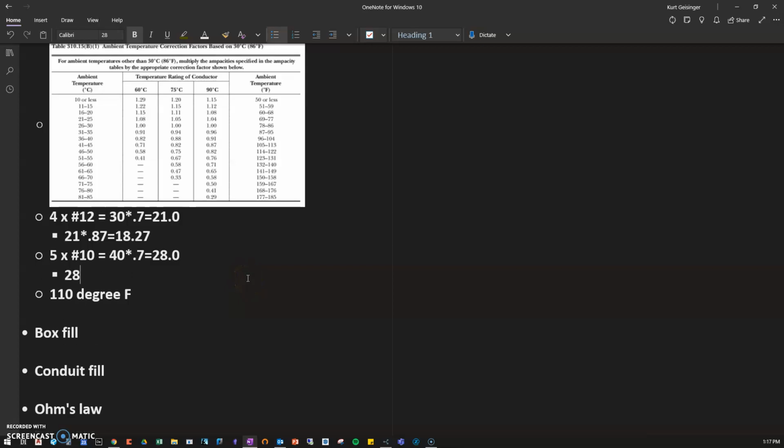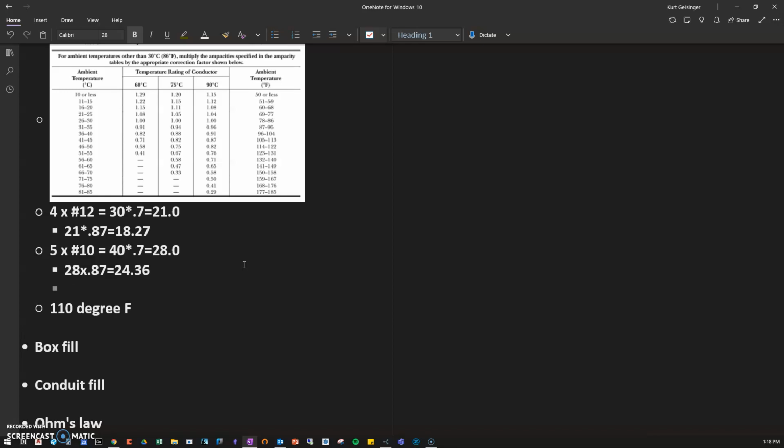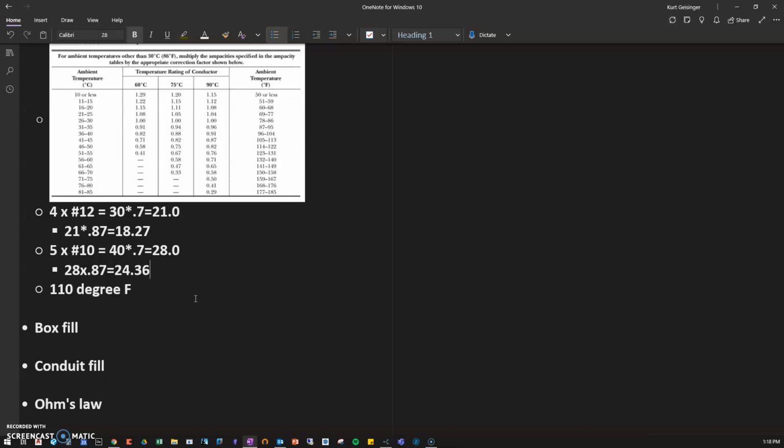We're going to take that same 28 amps and multiply it by our 87% from the temperature column, and we get 24.36. So my number 10 is now only good for 24.36 amps. So that's kind of in a nutshell how we do our derating. Hopefully that all sounds familiar because, again, it is a review. But they hit that really hard on the test, so make sure you're pretty comfortable with doing that math.